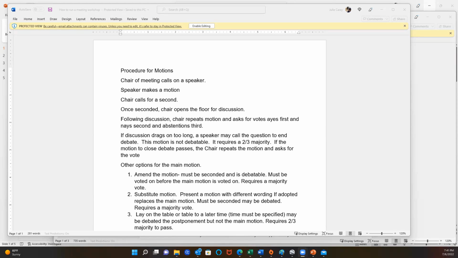Now, Robert's Rules has suggested times, but you can set your own times for what works for your organization.